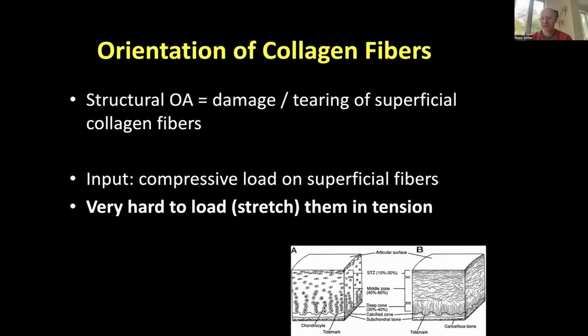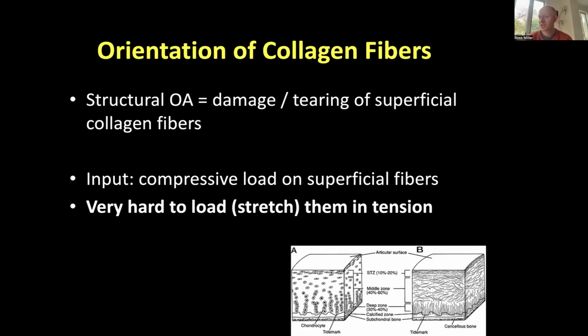So that orientation of the collagen fibers is one of the reasons why cartilage is really good at withstanding high loads and high stresses, and why we can do things like run and lift weights and play sports and don't often have to worry about it causing osteoarthritis.